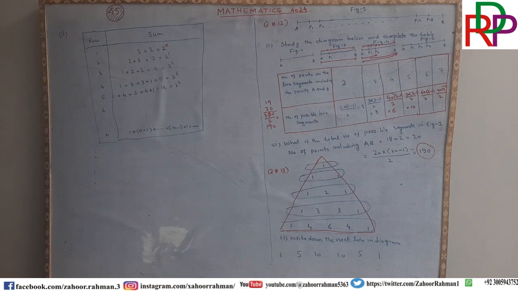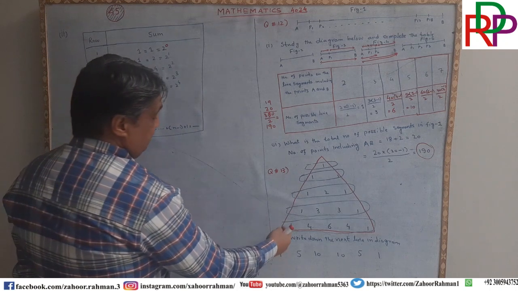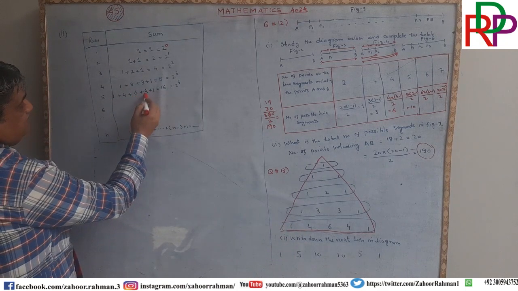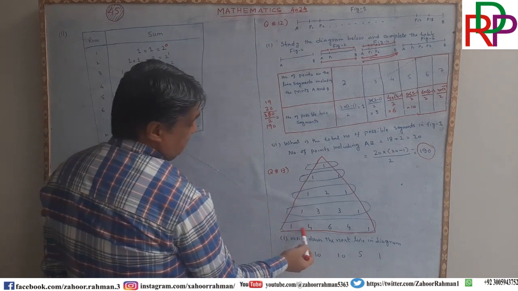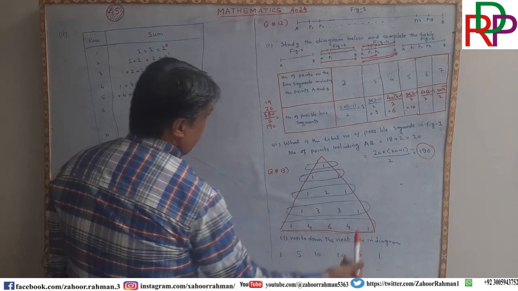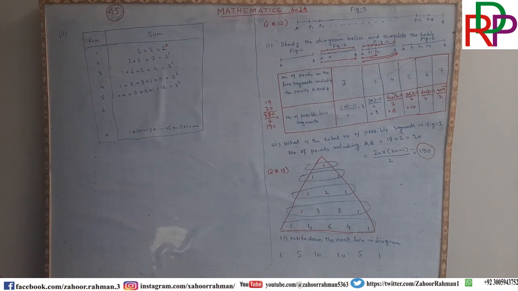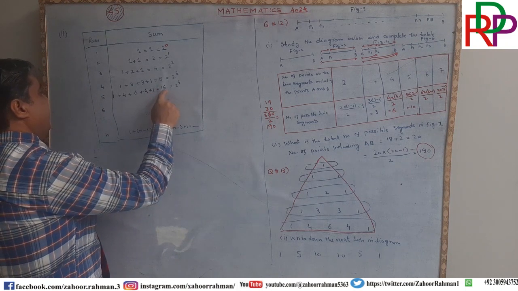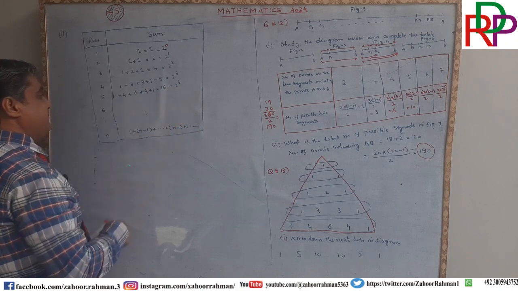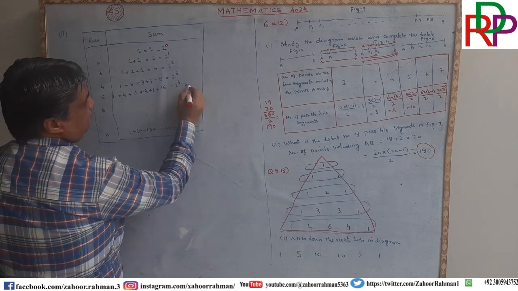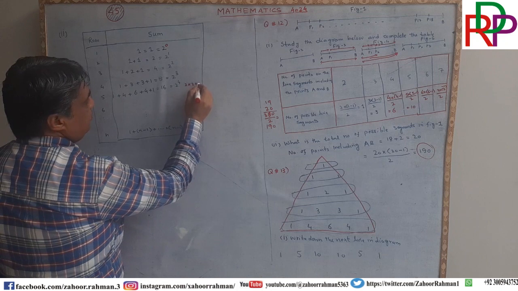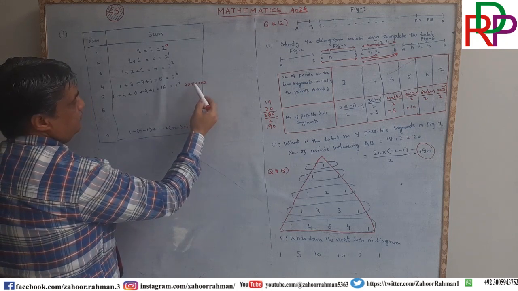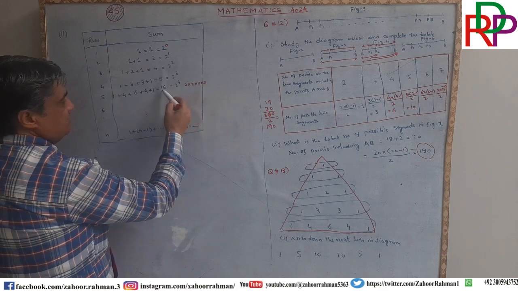Similarly, the fifth row is 1 plus 4 plus 6 plus 4 plus 1. And when we add it, it will be 16. And 16 can be written in the form 2 raised to the power 4, means we have to multiply 2 4 times. 2 2s are 4, 4 2s are 8, 8 2s are 16.